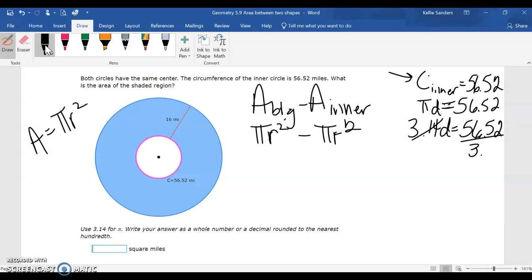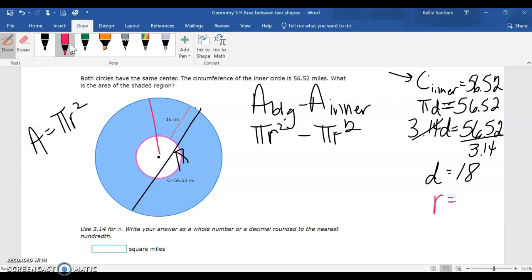Then we're going to divide. The diameter is 56.52 divided by 3.14, and we get 18. So the diameter is 18. Well, that's still nothing that I need. That's talking about all of this, which is 18. I need this. So what would the radius be if the diameter is 18?